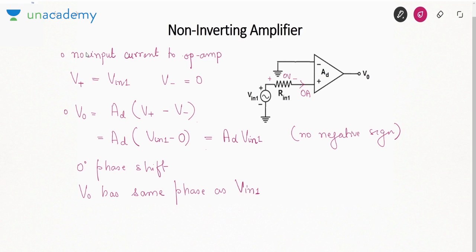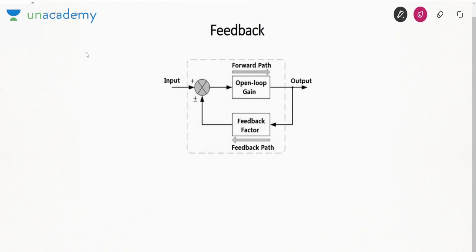Now when we want to realize a closed loop, we talk about feedback. First of all, let us understand the meaning of feedback. Feedback is basically made of 2 terms, feed and back. So it means feed the output signal back to the input.